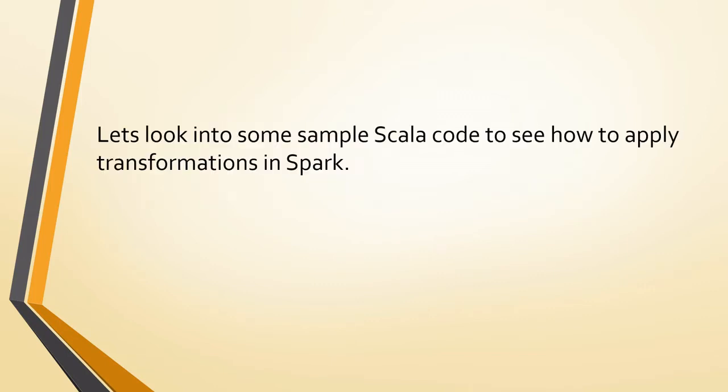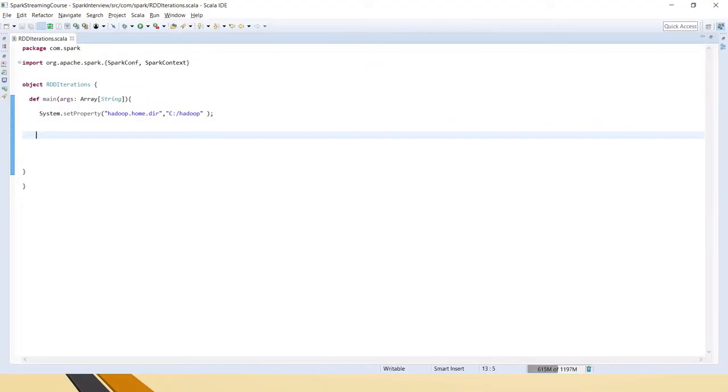So today we will see how to work with RDDs which are having array of arrays. Okay, so now I have created a Scala object and I have created the main.